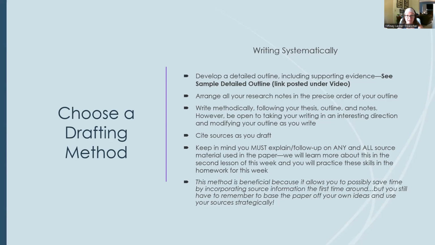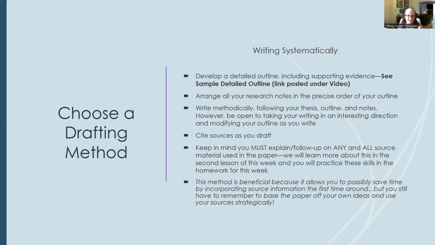For whatever the reason might be, some students have a little easier time making sure that the paper is more them with a minimal use of sources, in which case they can write systematically.